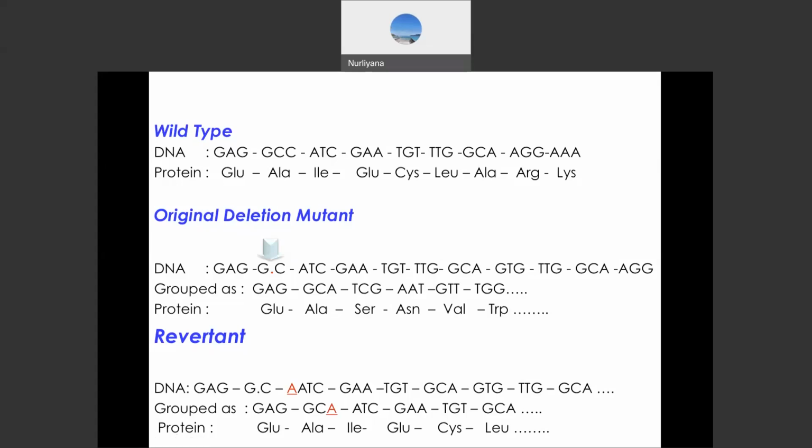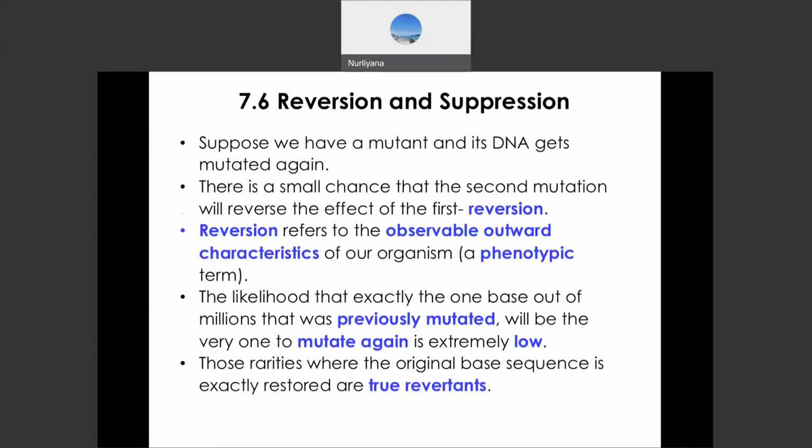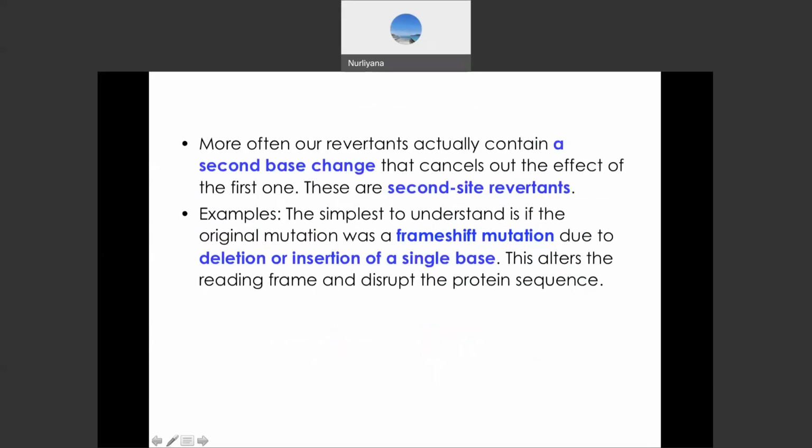So this is what a revertant is. A revertant refers to a characteristic that enables us to mutate the mutated sequence again. We know that it is already mutated, but we can revert it back to normal. Because of that, we call it a true revertant.